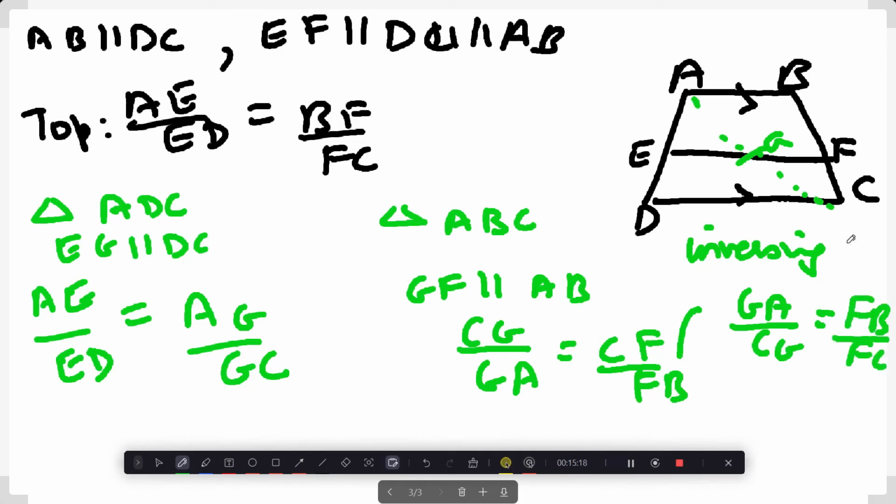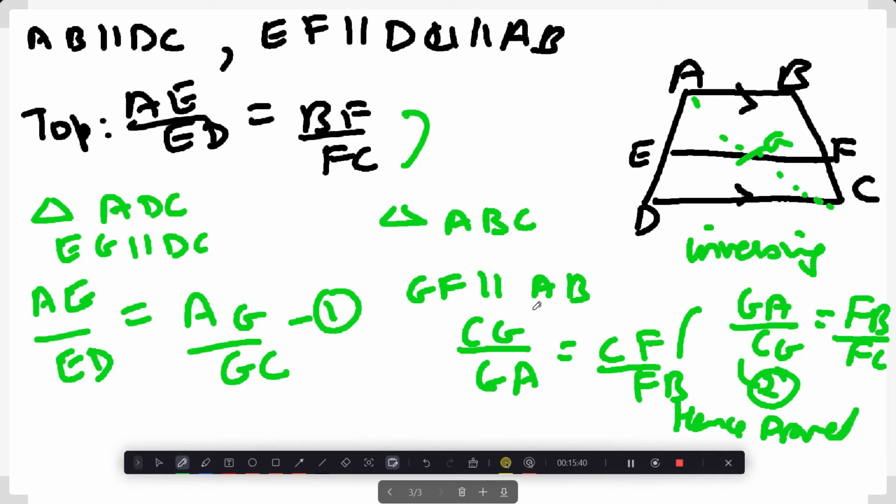Now looking at 1 and 2, the left hand side of 2 is equal to the right hand side of 1. So that means these equations are equal. So AE by ED is equal to FB by FC, which is this. Hence proved.